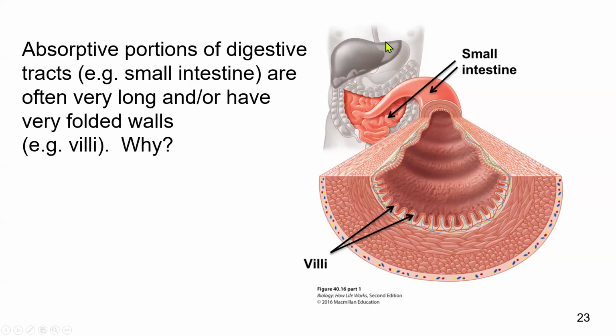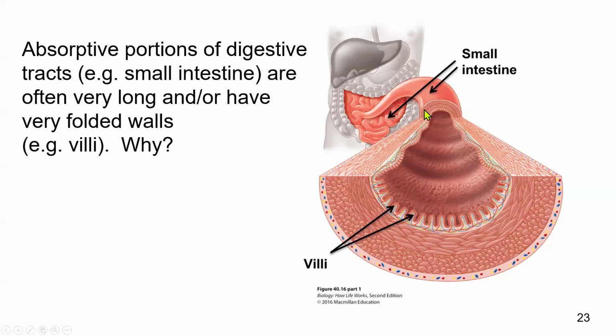So in the stomach is where digestion happens. Food is chemically broken down. Once it's chemically broken down into smaller chemical constituents, then it moves into the absorptive portions of the digestive tract, which typically consists of a small intestine, which is both incredibly twisting, winding, and long, but also is lined with all of these little fingers and villi.